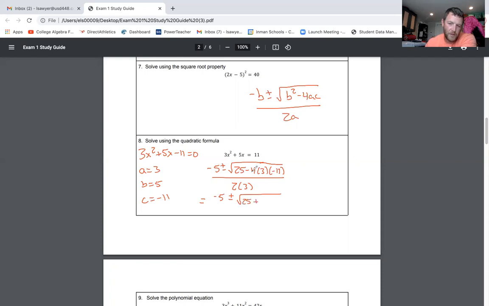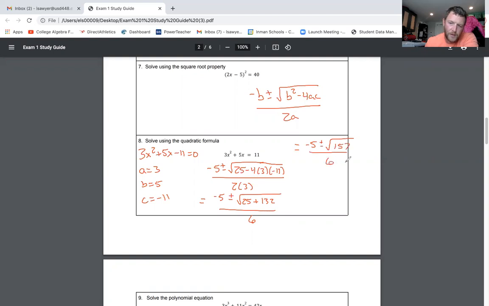It's going to be plus because negative times a negative is a positive. 4 times 3 times 11 is 132, over 6. So it's going to be equal to negative 5 plus or minus radical 157 over 6.